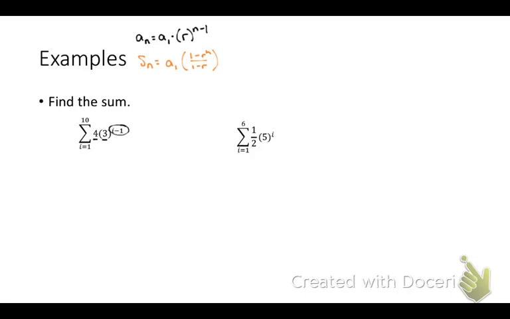But we can use what we have from yesterday, especially if it already fits the rule from yesterday. We don't actually have to plug anything in to find the first term. In some cases, like on the second one, we're going to have to figure out what the first term is by plugging 1 in for I in whatever our variable is. But in this case, on the first one, where it's 4 times 3 to the I minus 1 power, we hopefully should be able to know the first term.